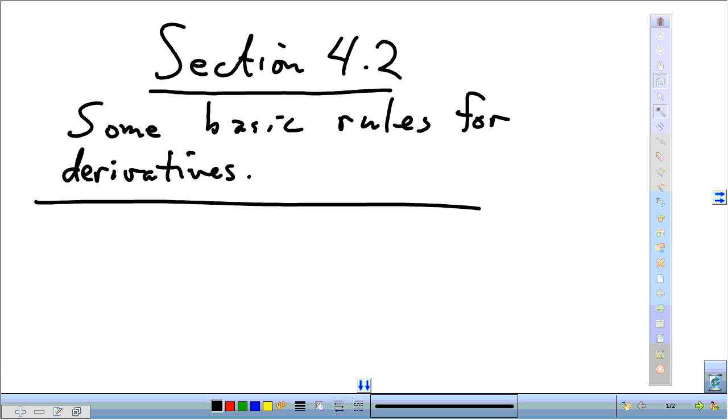We're going to look at derivatives again and some very basic rules for manipulating the derivative.